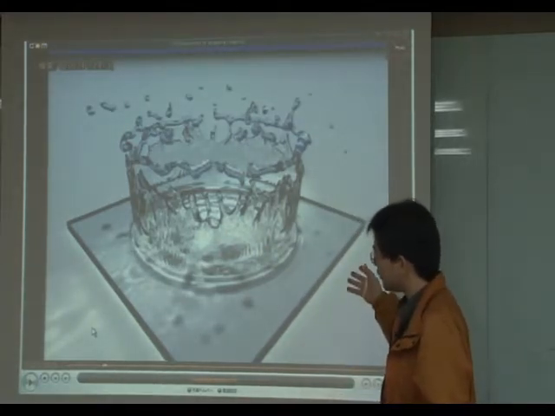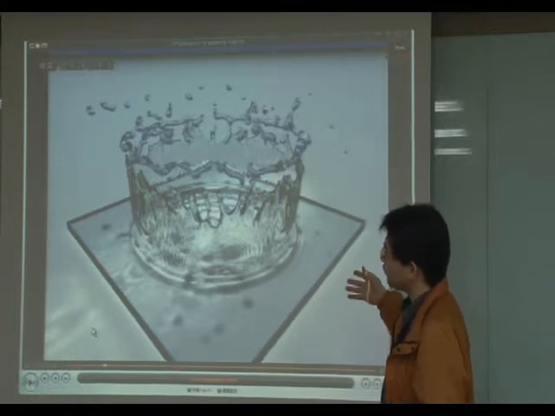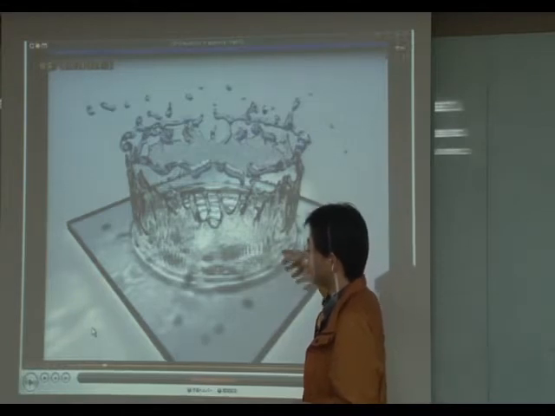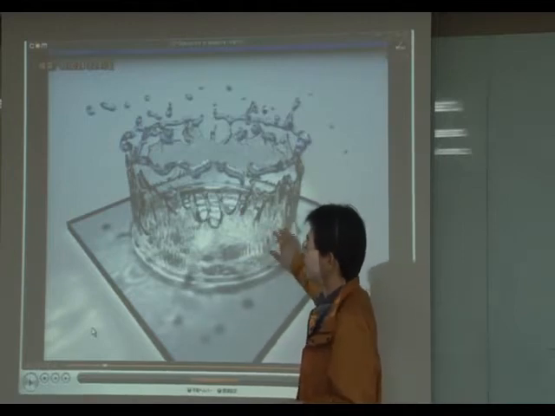I guess it requires significant CPU time, and also they are using another post-processing step for generating this view.